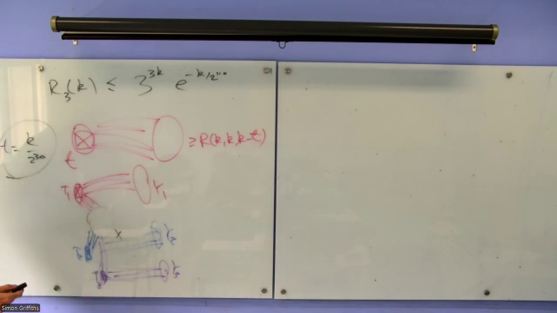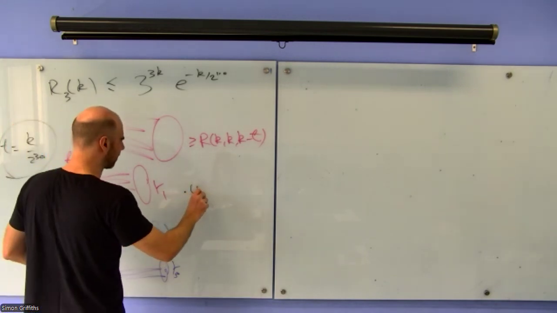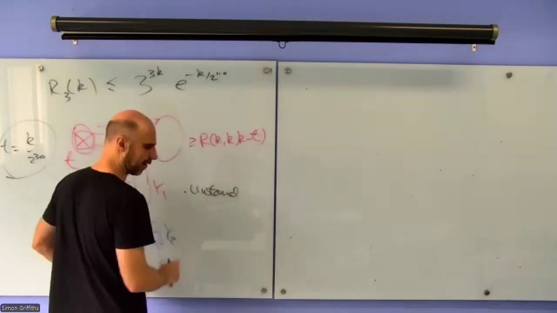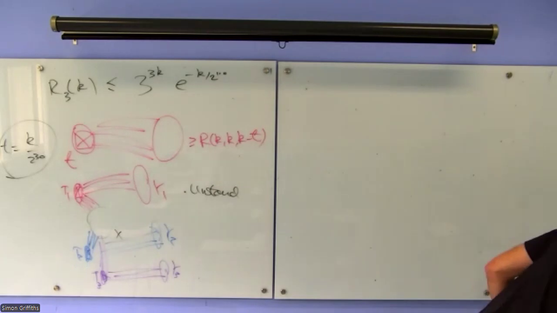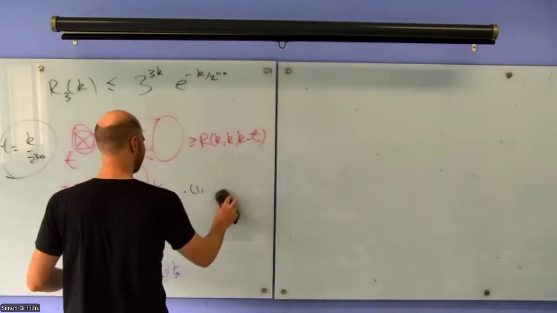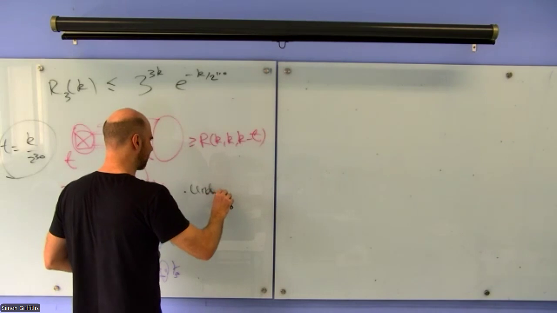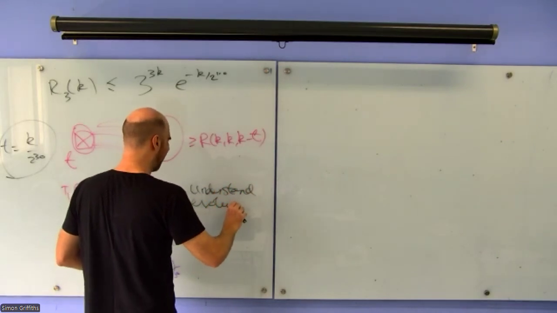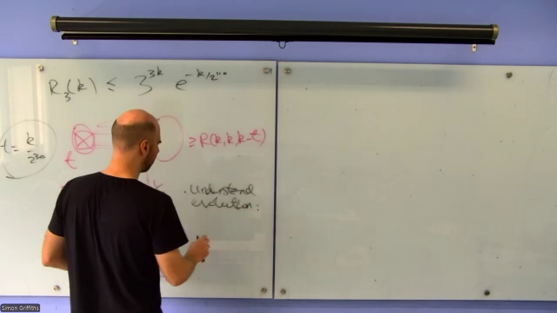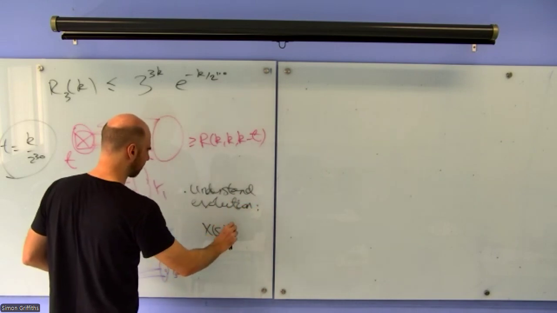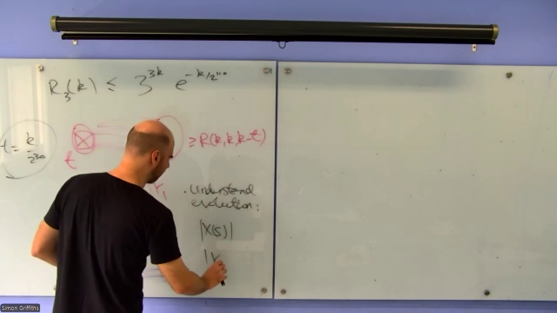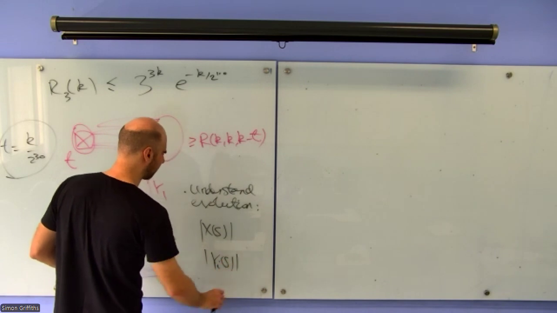So the two main challenges today are to understand the evolution through the process of the size of X, where you could index the time by s, and to understand the evolution of each of these Y sets.